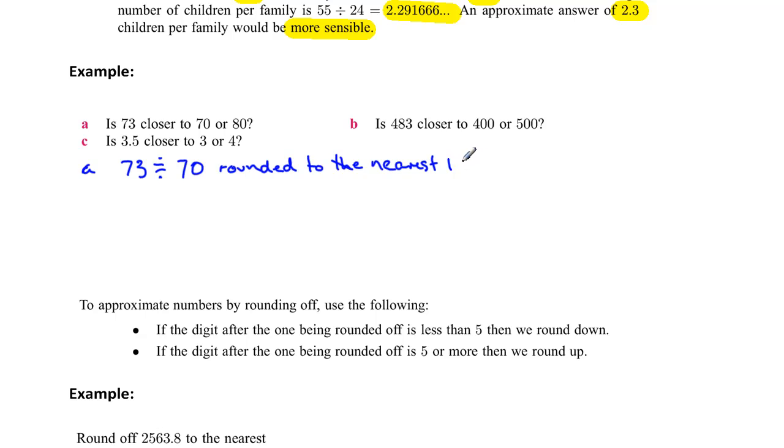Having a bit of a delay with the pen here. There we go. 10. All right, let's look at B now. The question is 483 closer to 400 or 500? And I think you can see that it's definitely closer to 500. So we could say that 483 is approximately equal to 500.